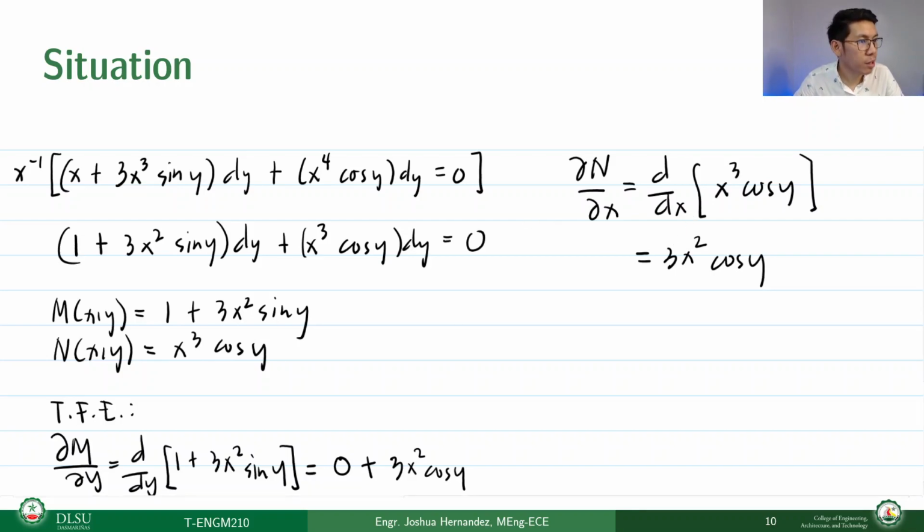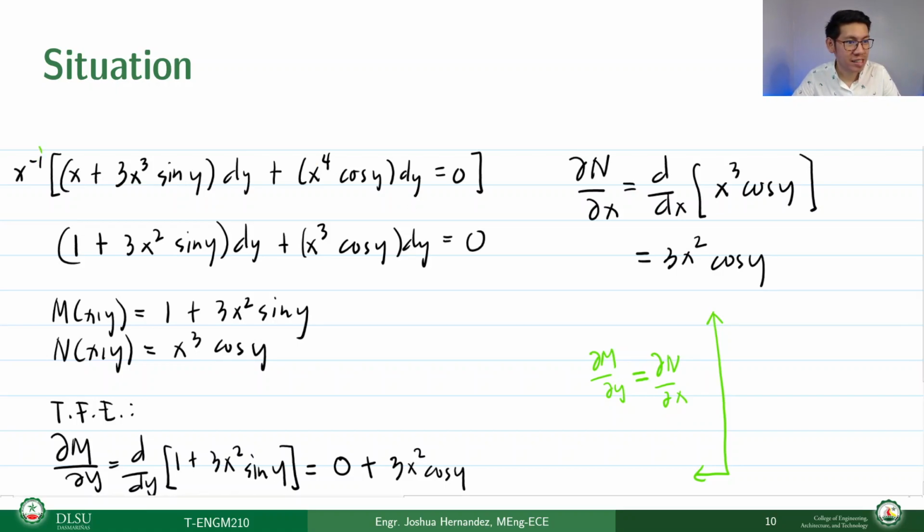So from the looks of it, what can we notice about these two? Our partial derivative of m with respect to y and our partial derivative of n with respect to x. We can notice that they are now equal. Wow! Magic! So what is x raised to negative 1 here?